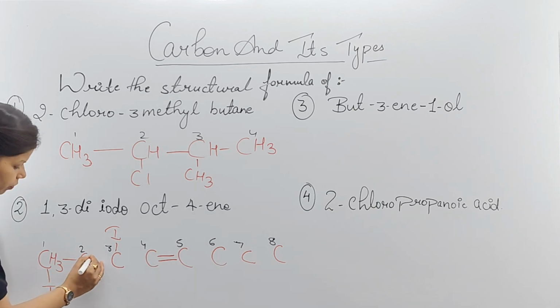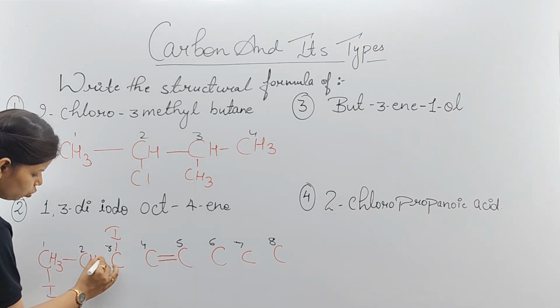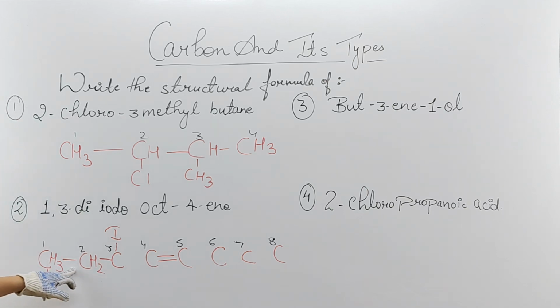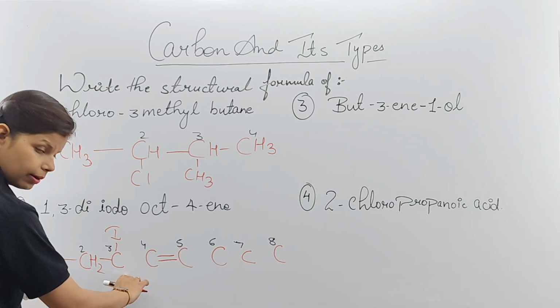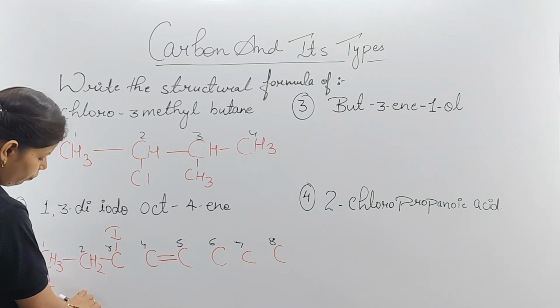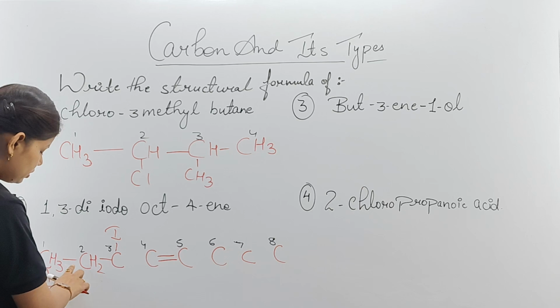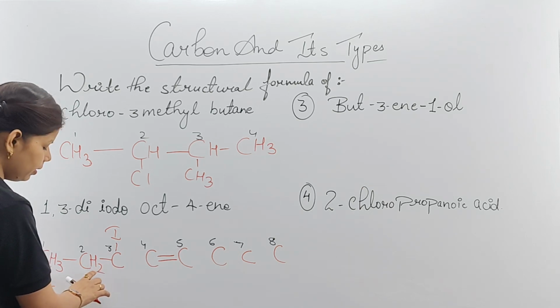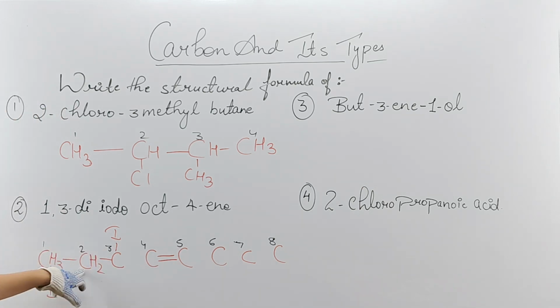Here we have what? CH2, because it is already connected in between, and the connection will be from this carbon to this carbon. 2 bonds are here and 2 with hydrogen. Clear? One bond with this carbon, one bond with this carbon, and the other 2 with hydrogen. So CH3, CH2. Please note it down clearly.